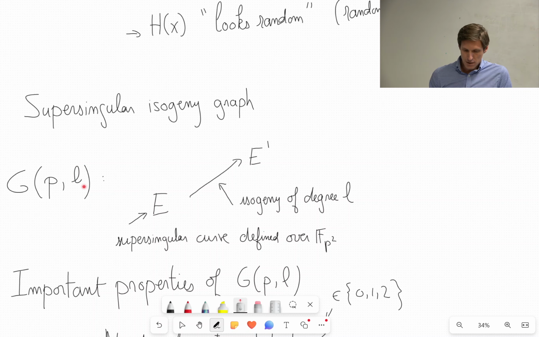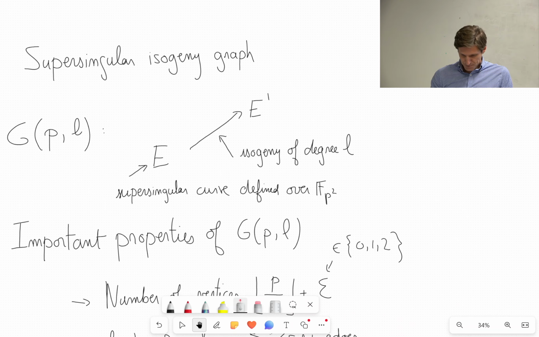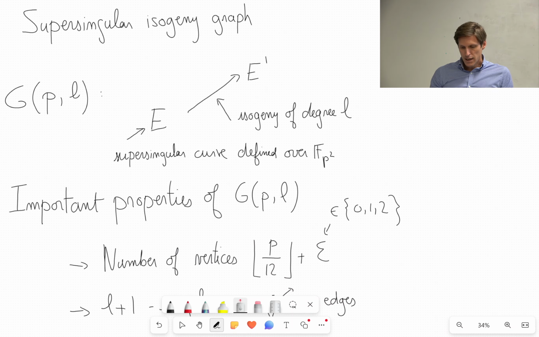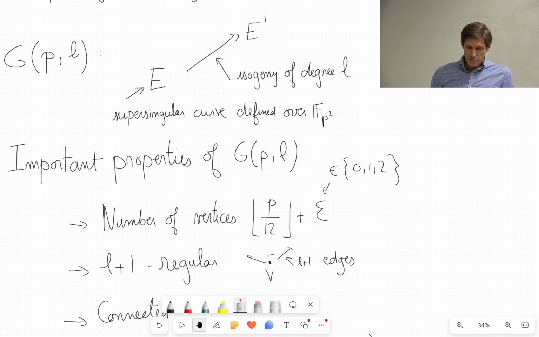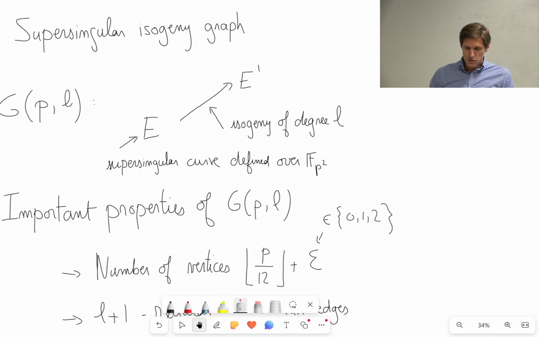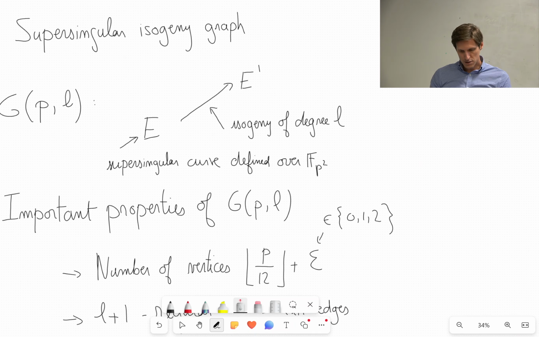Typically, L equals 2 is a perfectly valid choice. What does this graph look like? My nodes are the curves E, and you go from one curve to the other if there is an L-isogeny, an isogeny of degree L, between those two curves.